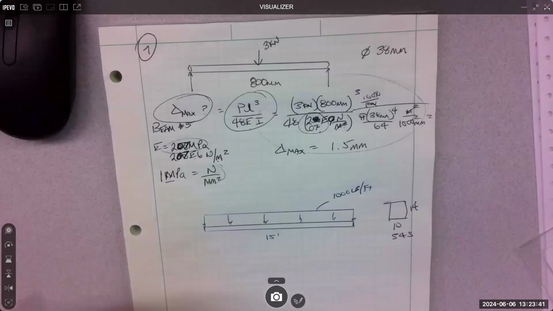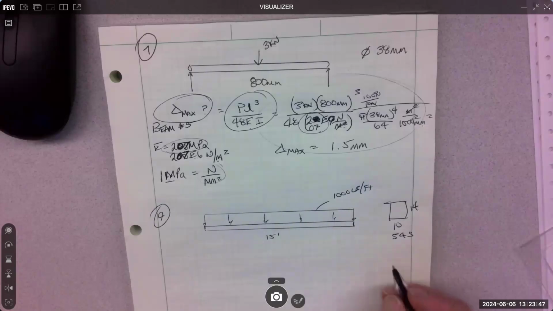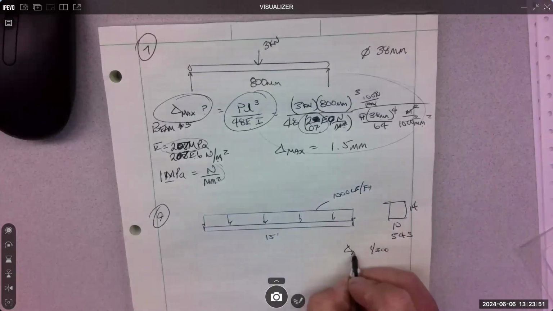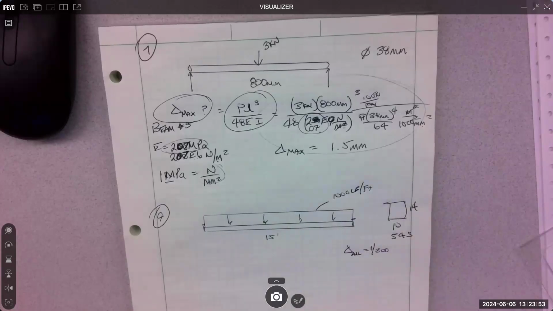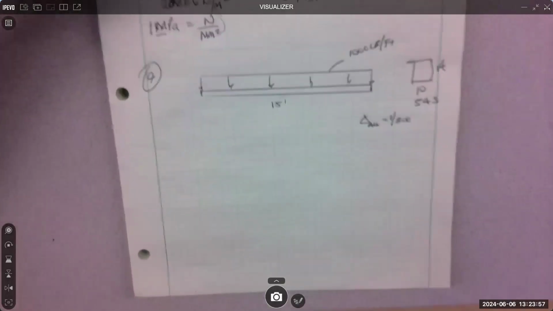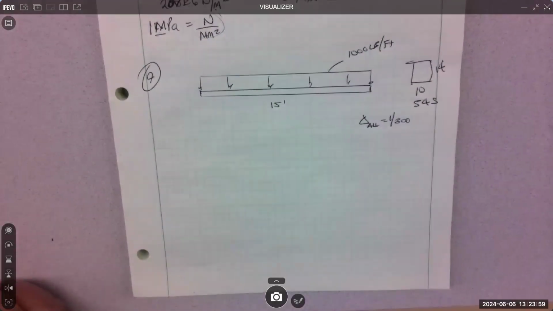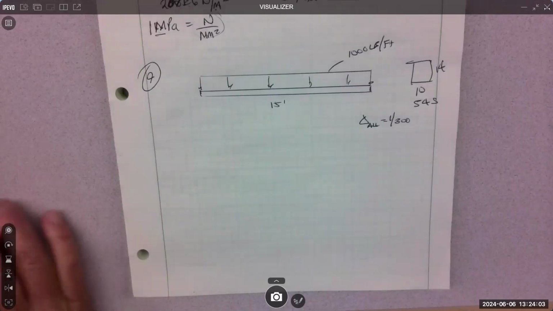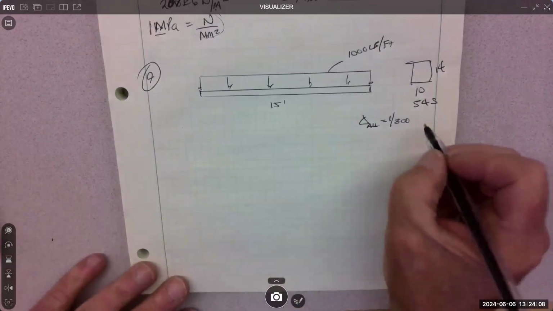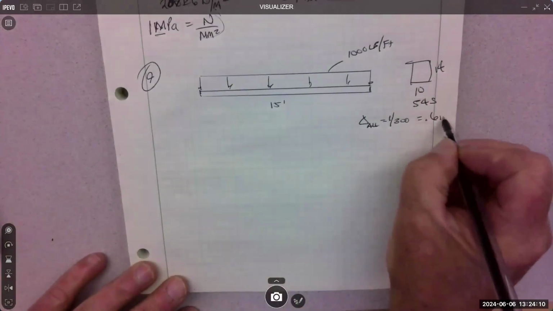Okay, is it good then? This is number 9. Allowable deflection is 1/300. So what is that? 15 times 12 is 180, divided by 300 is 0.6 inches.